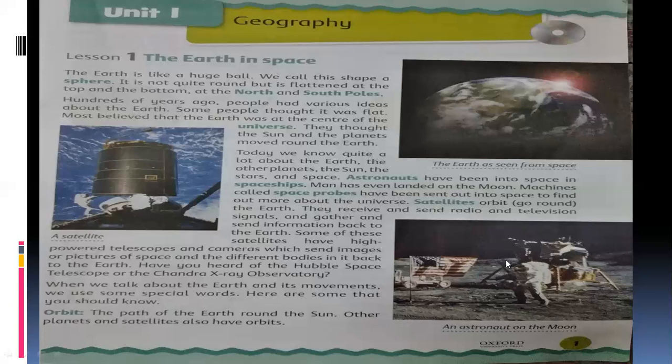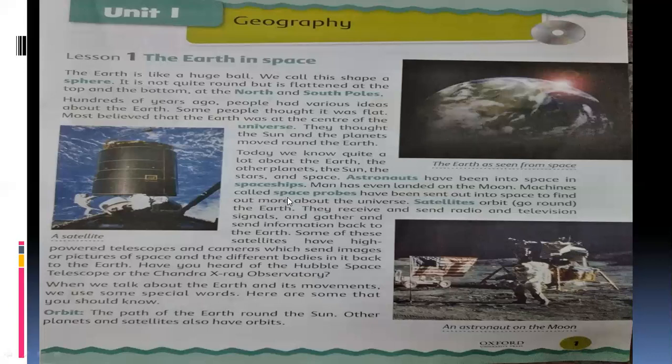When did man land on the surface of the moon? It was 20th July 1969, and the astronauts named Neil Armstrong and Buzz Aldrin. These 2 men landed on the surface of the moon.